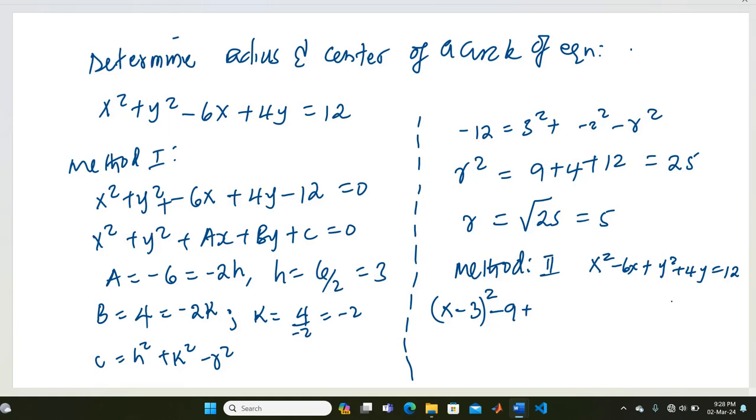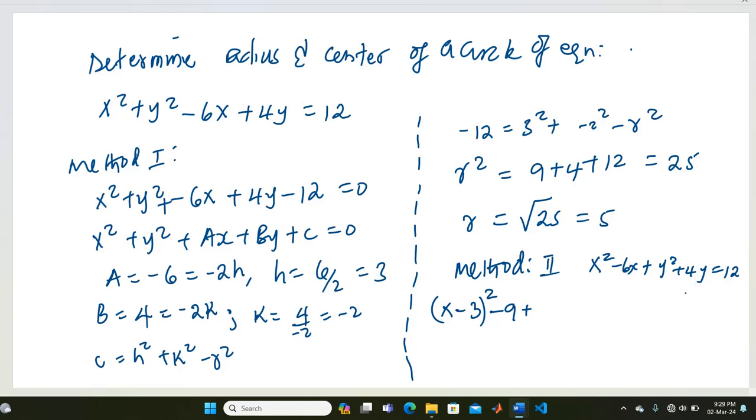For y squared plus 4y, I also have to take half of the coefficient of y, which is 4 divided by 2, and I get 2.